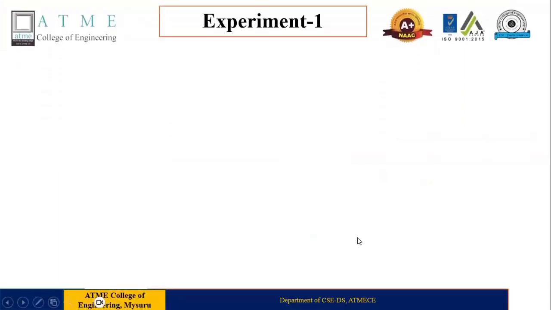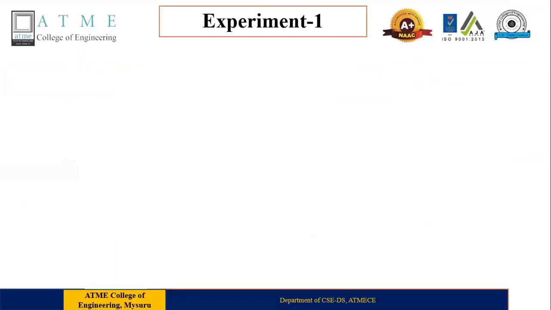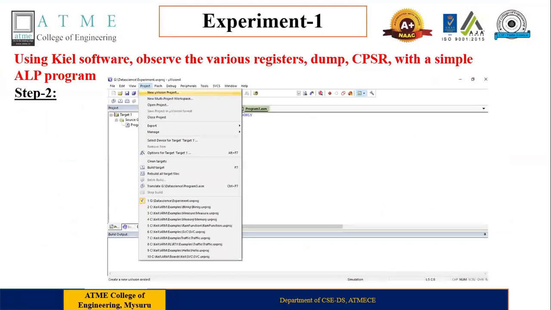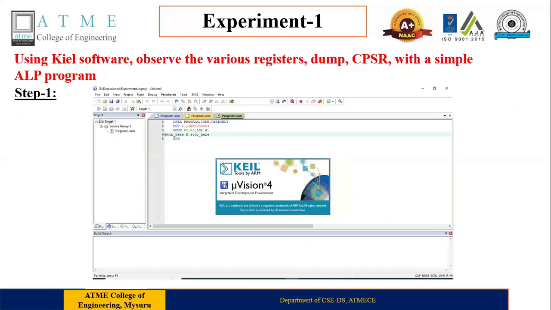Moving on, let us see the step-by-step operation of how to observe the various registers. The first step is to double click on Keil Microvision 4.